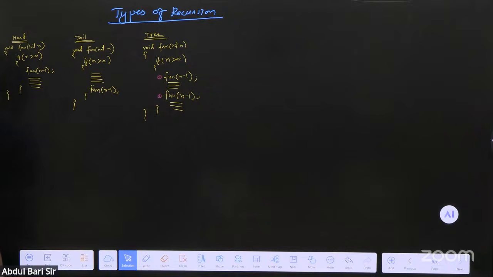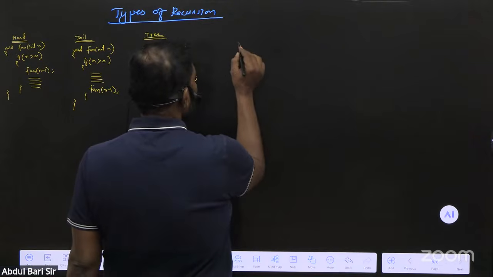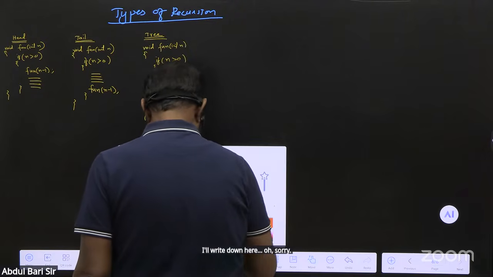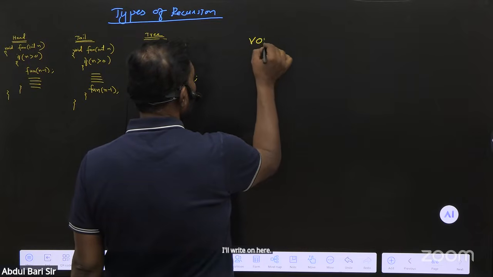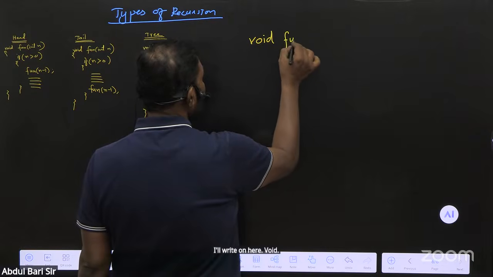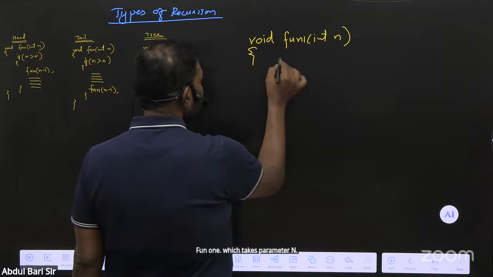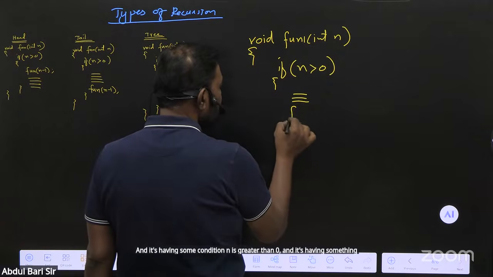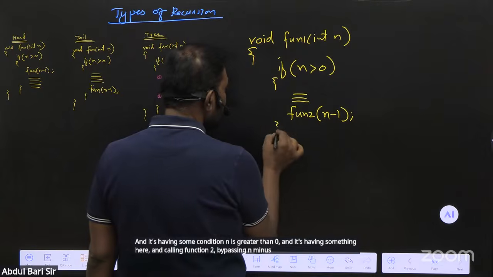Is it okay? So now we have to see more recursions. I'll write down here. Void fun1, which takes parameter n, and it is having some condition n is greater than 0, and is having something here, and calling function 2 by passing n minus 1.